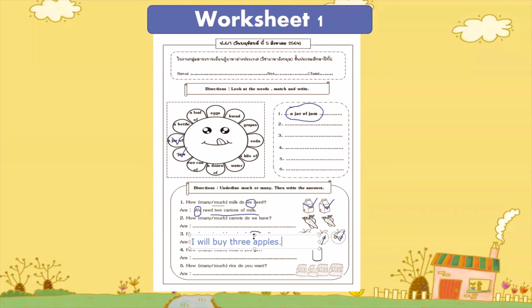I will buy 3 apples. Now the answer here, as you can see, how many apples do you buy? Now, if you saw you, you will use I. I will buy 3 apples. Okay, now let's clear this one and let's go to worksheet number 2.